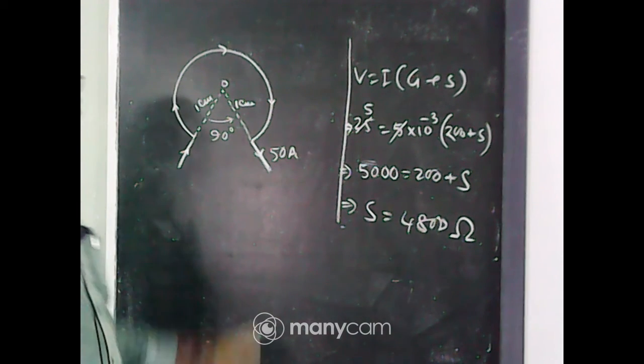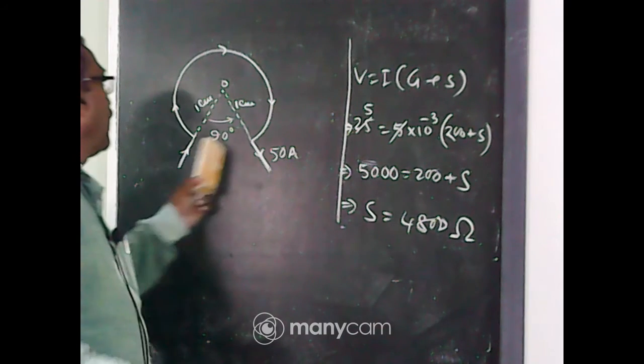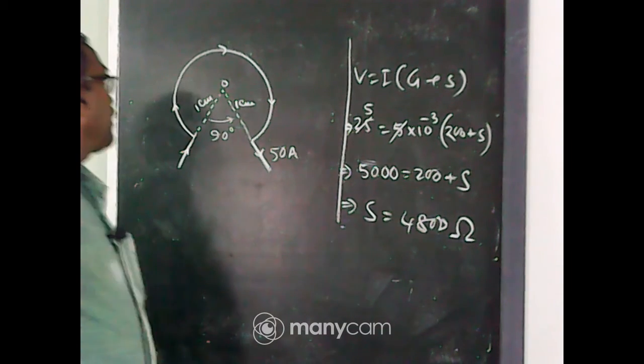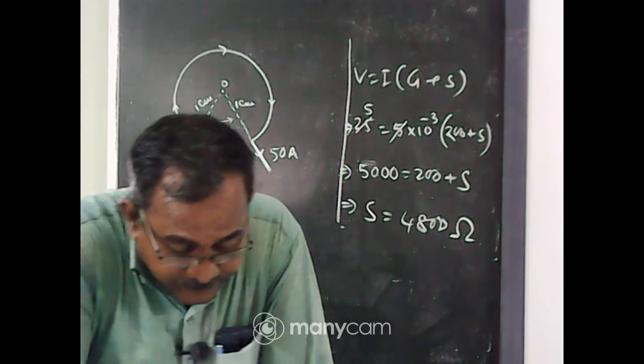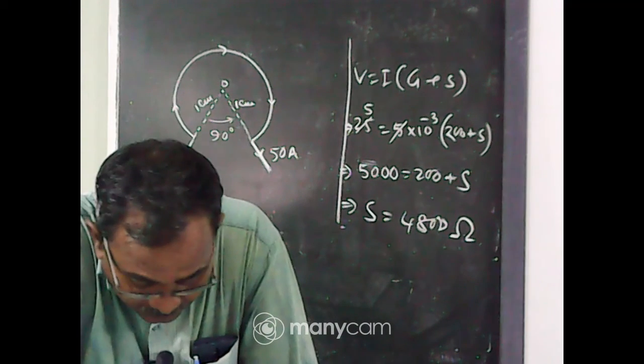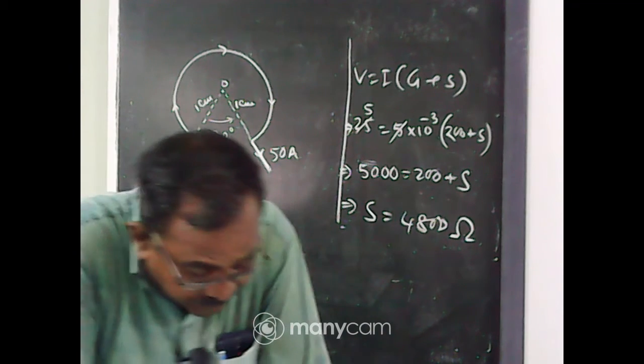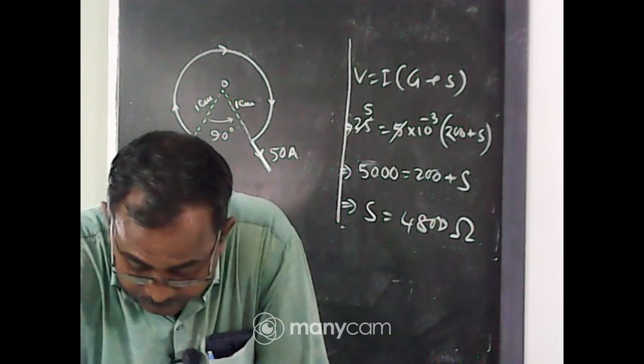This is the diagram, current passing through this loop, and the bending angle is 90 degree. What is the question?